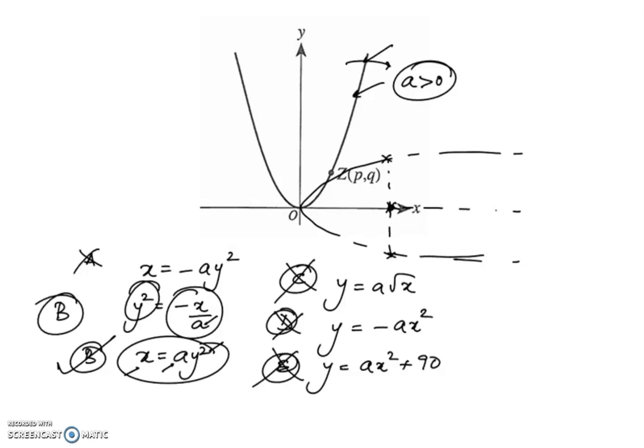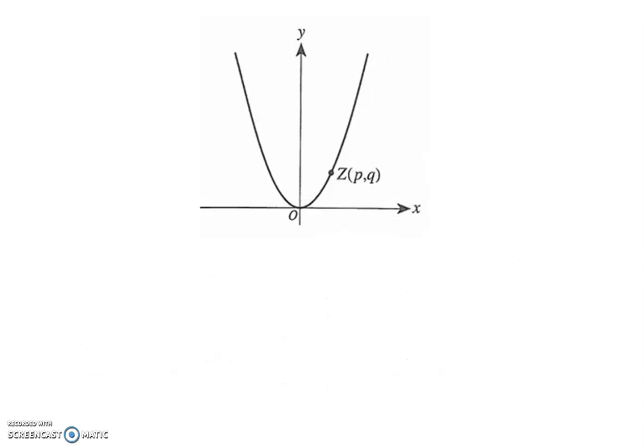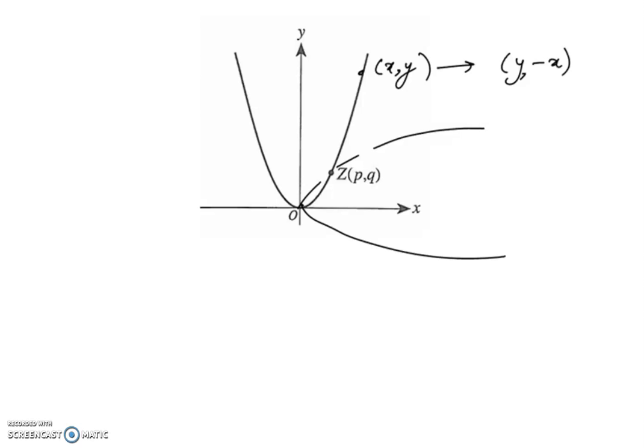That's one approach. The other one has to do with the transformation, meaning when we have a point xy on the graph, when we rotate it clockwise by 90 degrees, it becomes y, minus x. So that's kind of the idea.